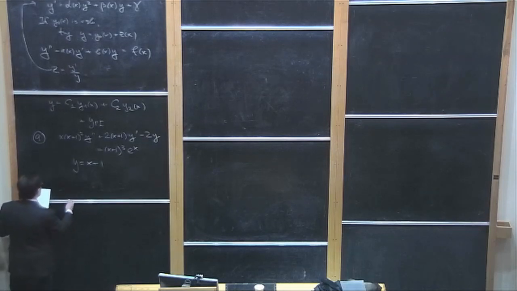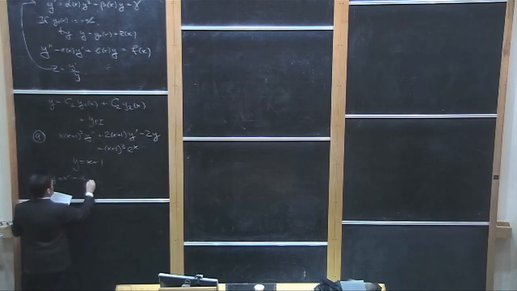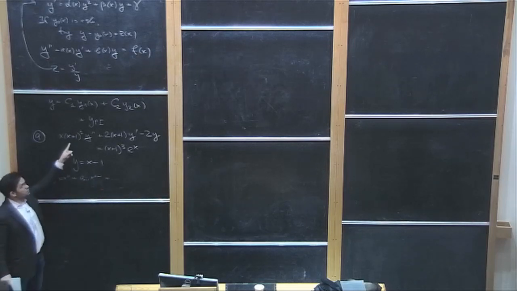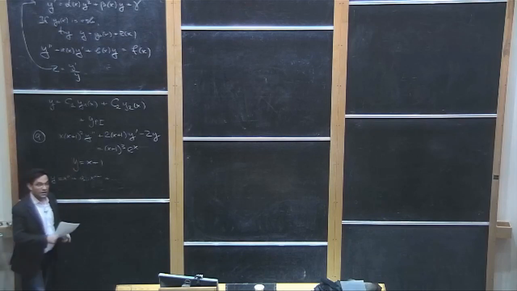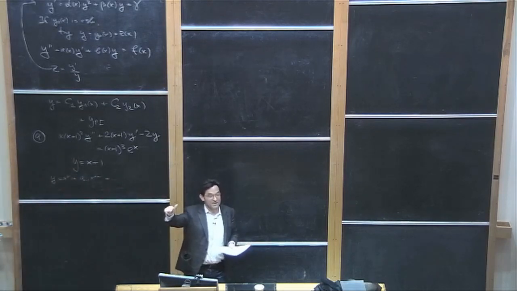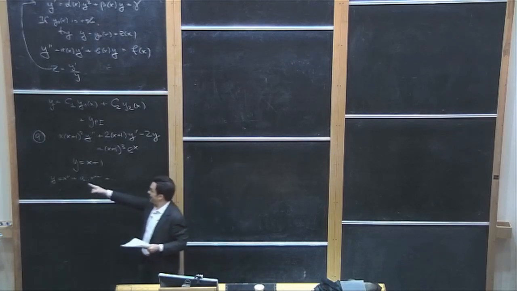So you look for something like x to the n plus a_{n-1} x^{n-1} plus etc. You take this, you plug this into that equation, and you simply equate to 0 coefficients in front of each power. Okay? The first of these equations will tell you what n is, right?